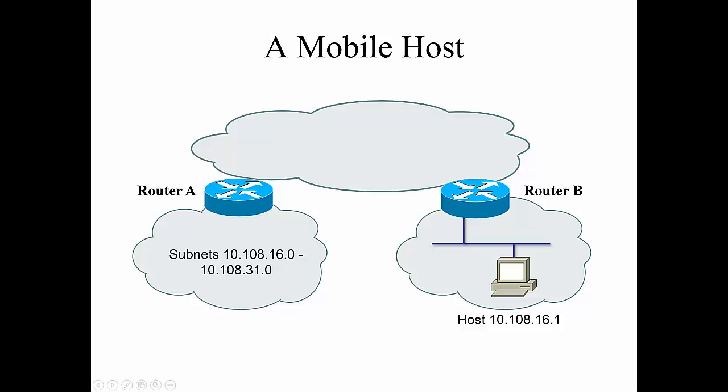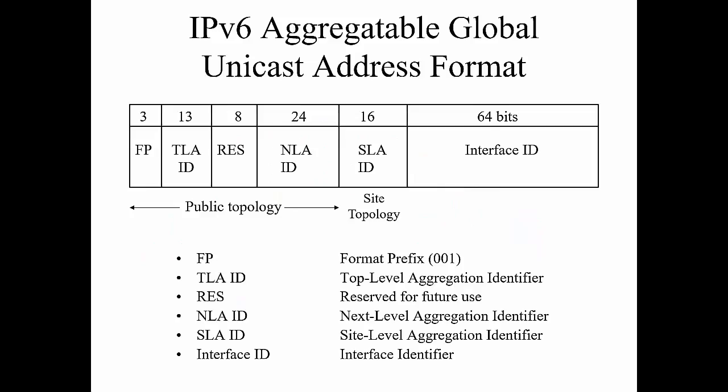So let's talk about IPv6 for a minute. And we're going to talk about the global unicast addressing format. So here we have a simple unicast address format header, our FP, our format prefix, our top level aggregate identifier, TLA ID, we have our reserved for future use, our res, our NLA ID, next level aggregation identifier, our site level aggregator identifier, then our interface ID, which is just our interface identifier.